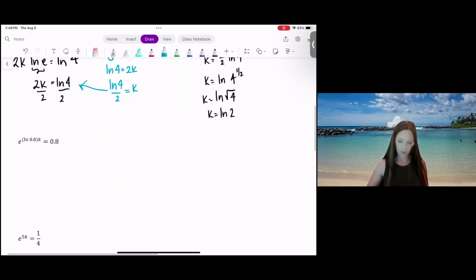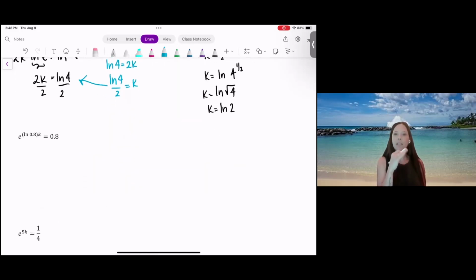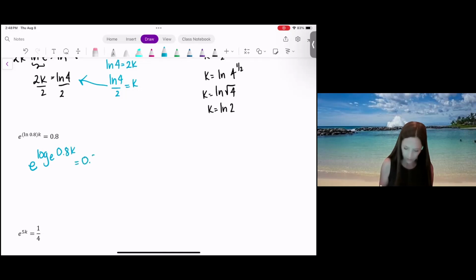Moving on to the next problem, we have e to the natural log of 0.8k equals 0.8. Well, let's rewrite natural log as log base e. That means we have e to the log base e of 0.8k equals 0.8.